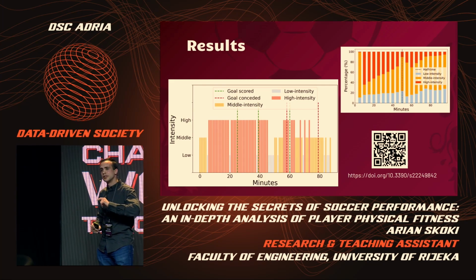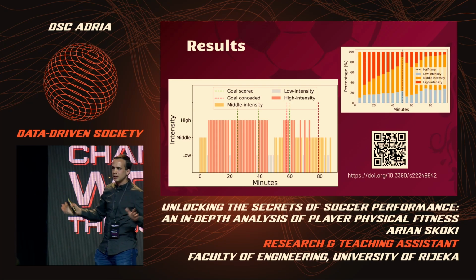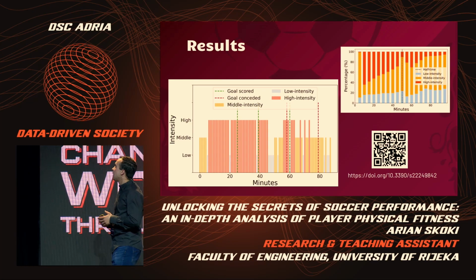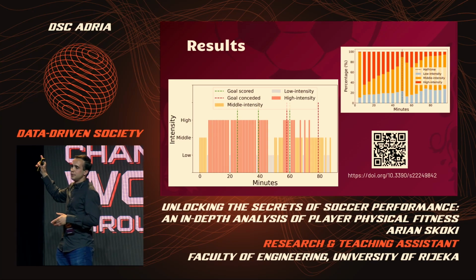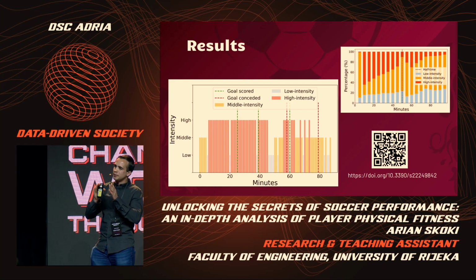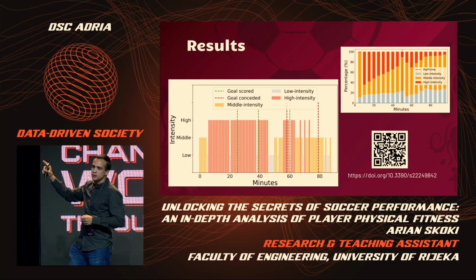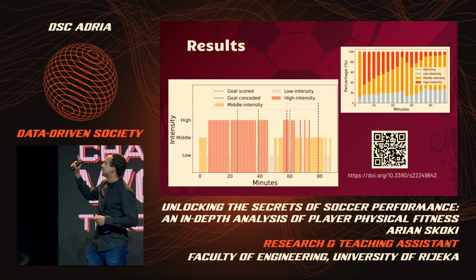And the image on the top right is the accumulation of all the players that we have examined over the course of 90 minutes. We want to see the percentage in each of these 5-minute folds, how they are performing. And we can see at the start of the match, we have plenty of high intensity.